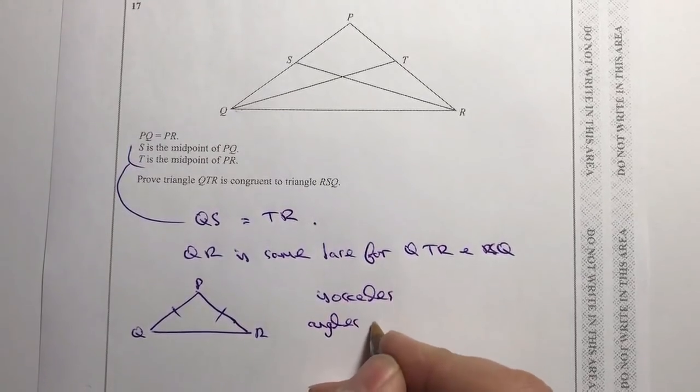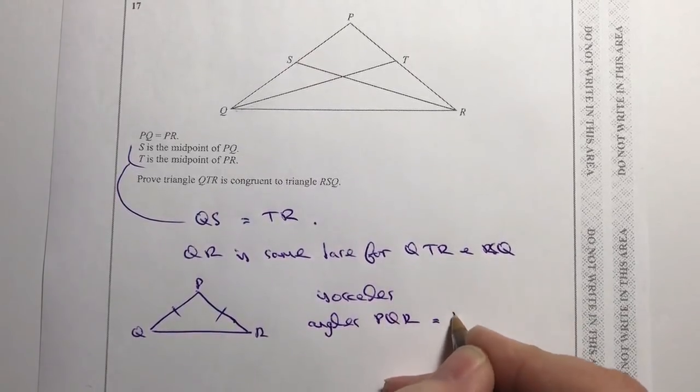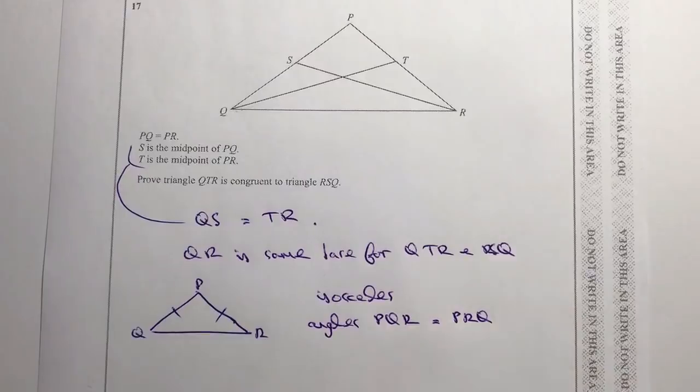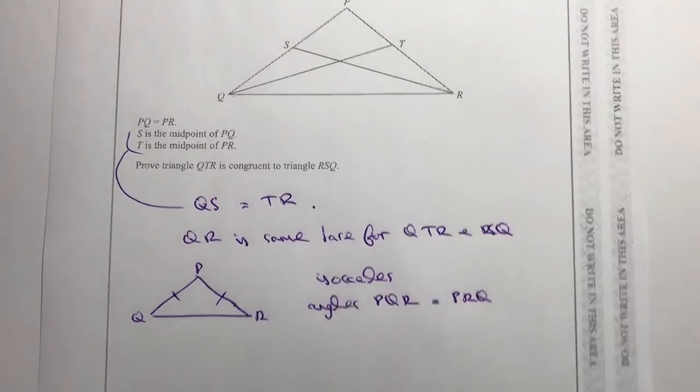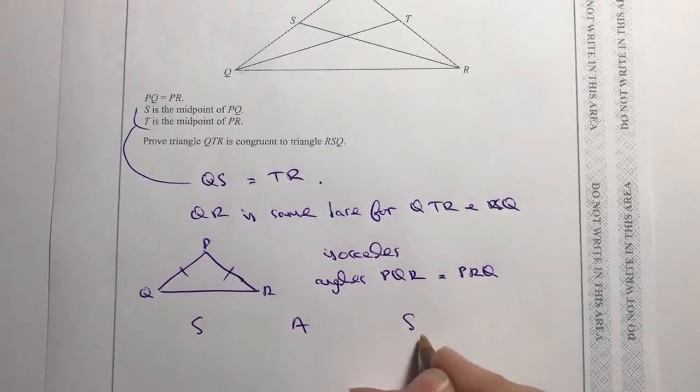So PQR is the same as PRQ. Okay, so if those three conditions exist, then we're proving that we have something called side angle side. So side angle side.